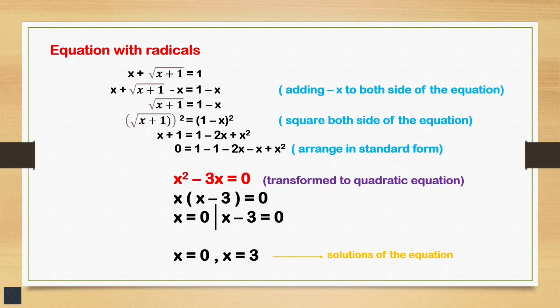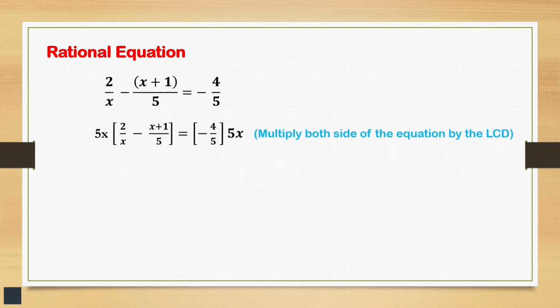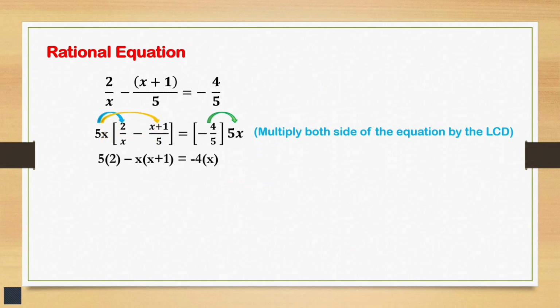So this time, let's go to the rational equation. So we have 2 over x minus the quantity x plus 1 all over 5 equals negative 4/5. So multiplying both sides of the equation by the LCD, this will give us 5 times 2 minus x times the quantity x plus 1 equals negative 4x.